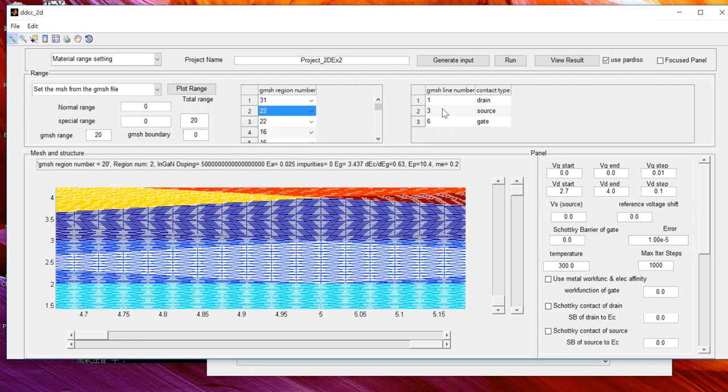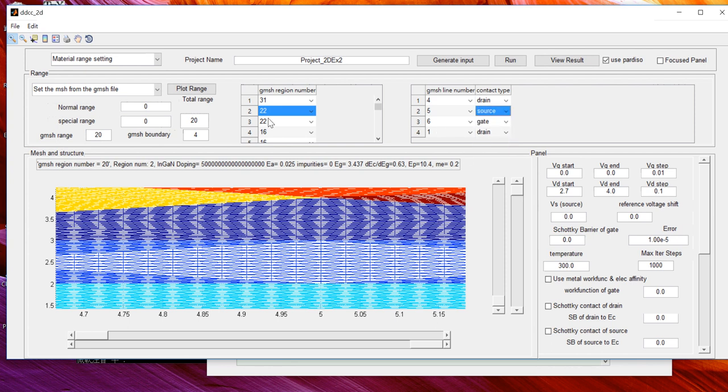And after setting this, then you define contact. We say 3 contacts, so you need to give the contact Gmesh boundary. If I say 4, then I need to assign the line number. For example, I say 9.4 equal to drain contact, 9.6 equal to source.